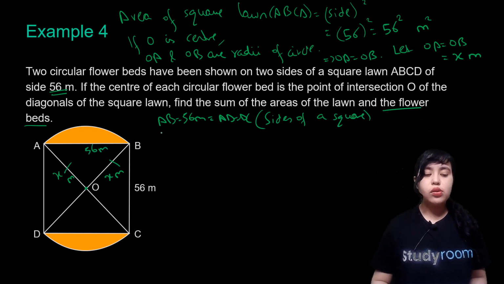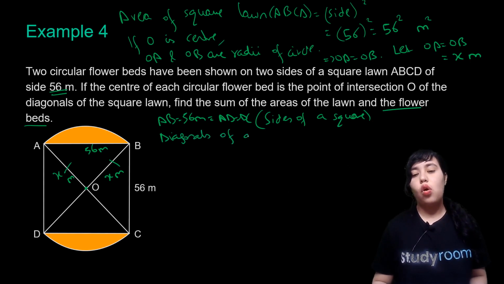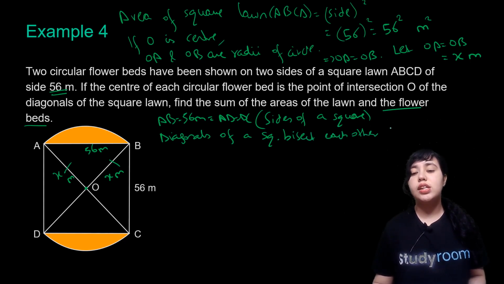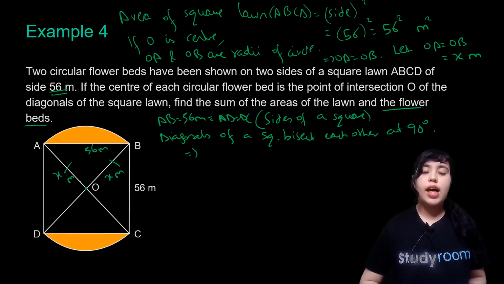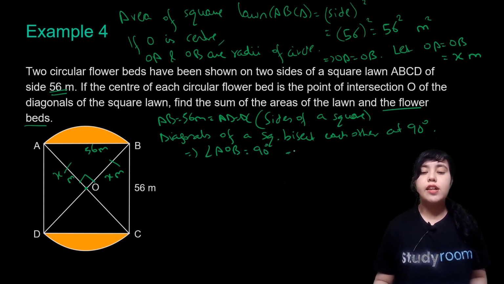And you must be knowing that diagonals of a square bisect each other, but the angle at which they bisect each other is very special. That angle is 90 degree. So this means that your angle AOB is equal to 90 degrees. Okay, so that makes your triangle AOB right angled, right?